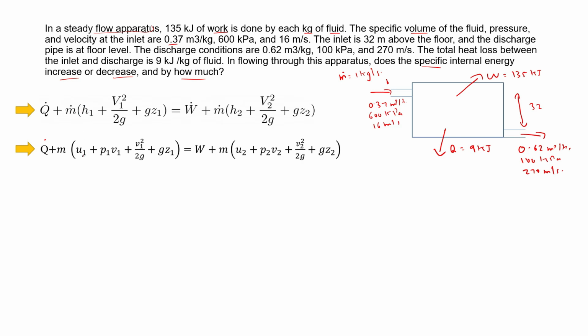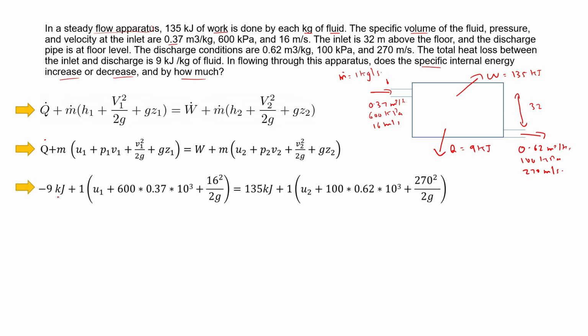This enthalpy can be written as u1 plus p1 v1, that is flow work, so u1 plus flow work plus v1 square by 2g plus g z1, and equals w plus m into u2 plus p2 v2 plus v2 square by 2g plus g z2.